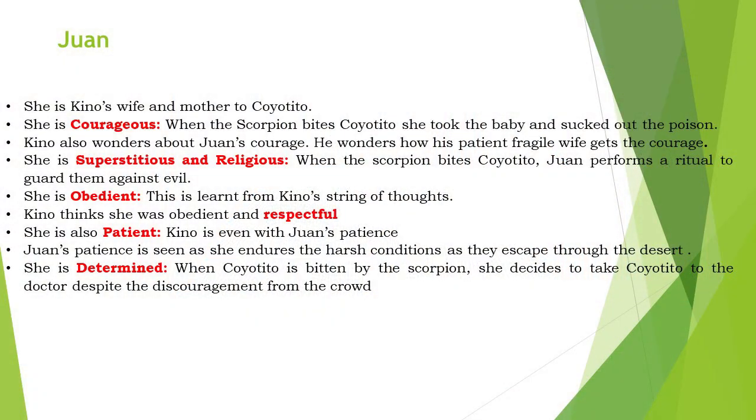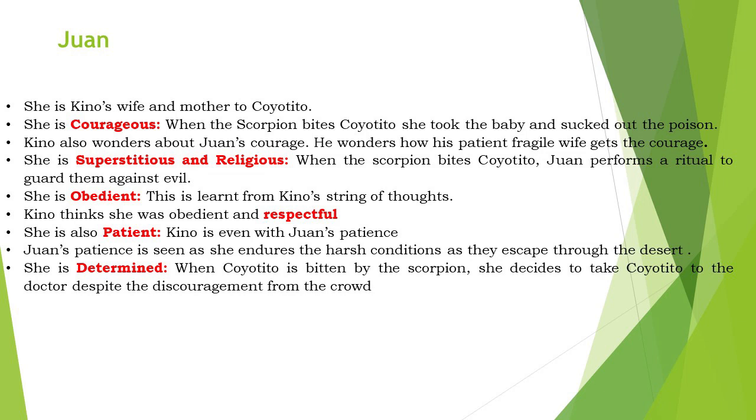Juana is Kino's wife and, of course, mother to Coyotito. She is courageous, and we notice this when the scorpion bites Coyotito. She takes the baby and sucks the poison out of his skin.